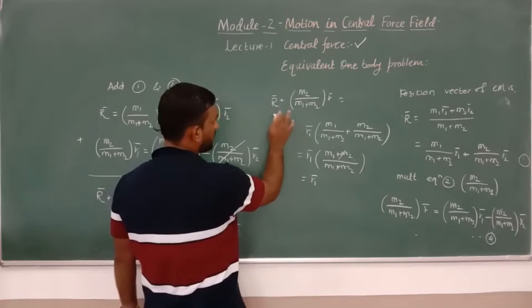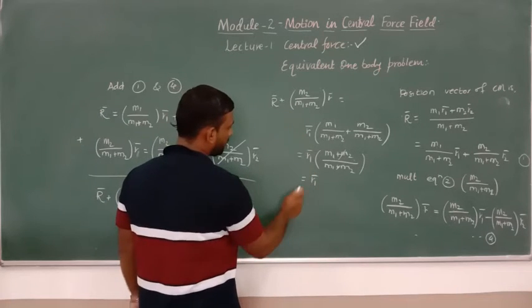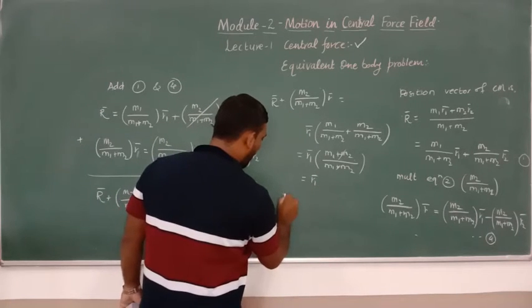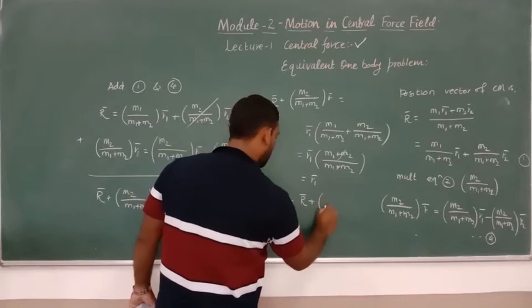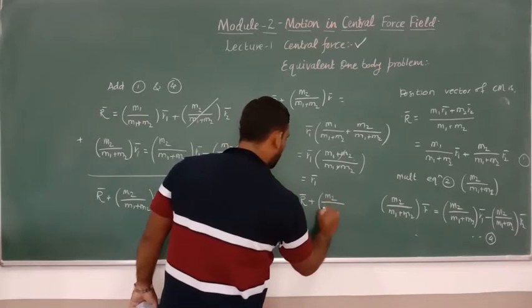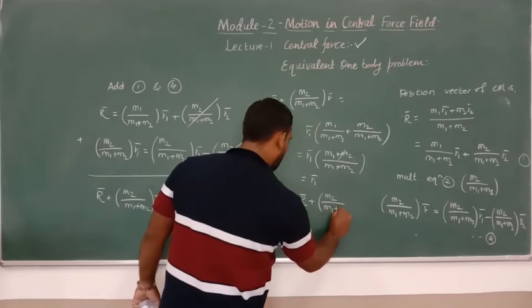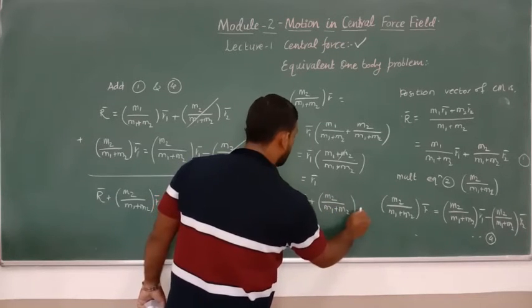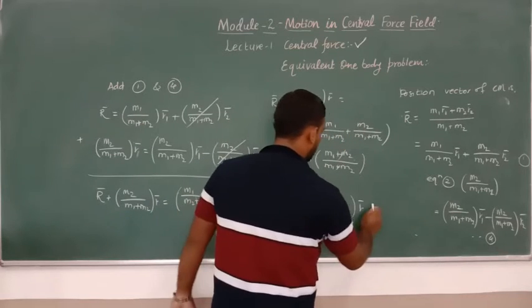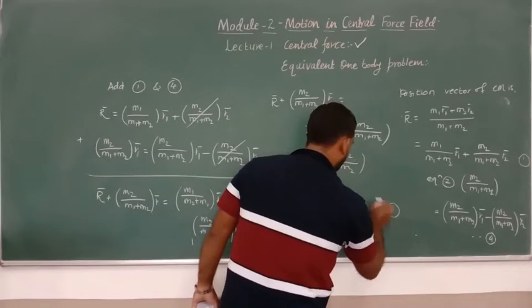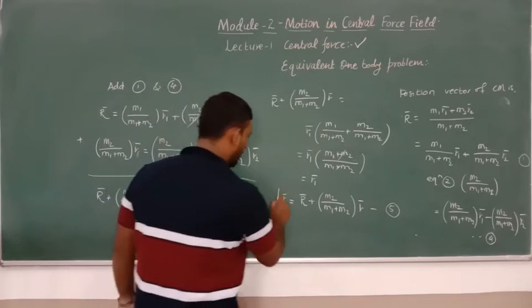Okay, so how to write this? r1 bar is equal to r bar plus m2 upon m1 plus m2 into r bar. This is equation number 5.